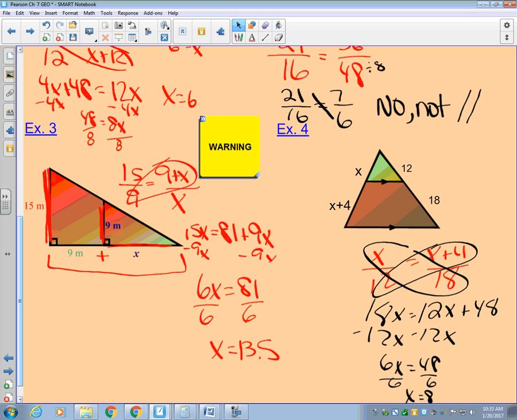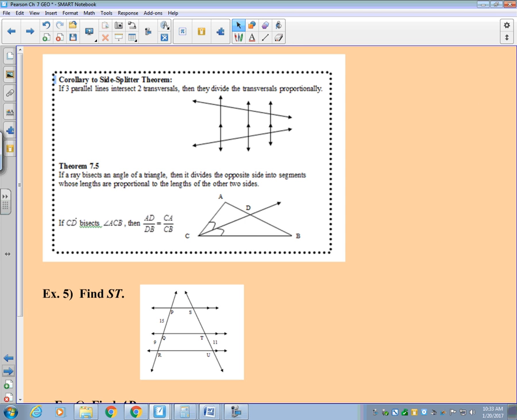Last page. This is super exciting. Last page of the splitter. Okay, so it's 3 parallel lines. So now we just don't have a triangle. We have another line. It's going to be parallel to the first 2. It's going to divvy our sections up proportionally.